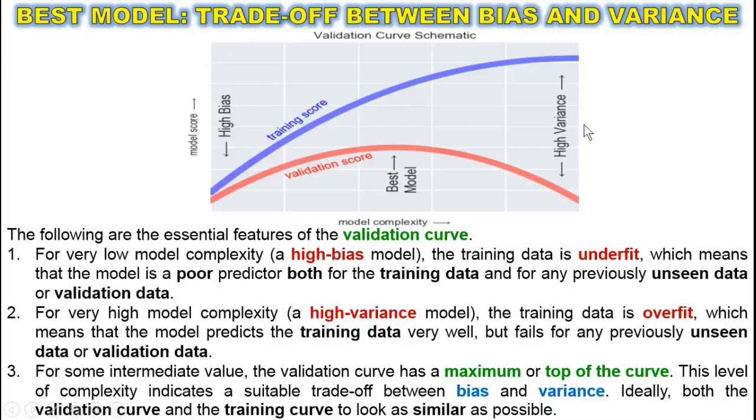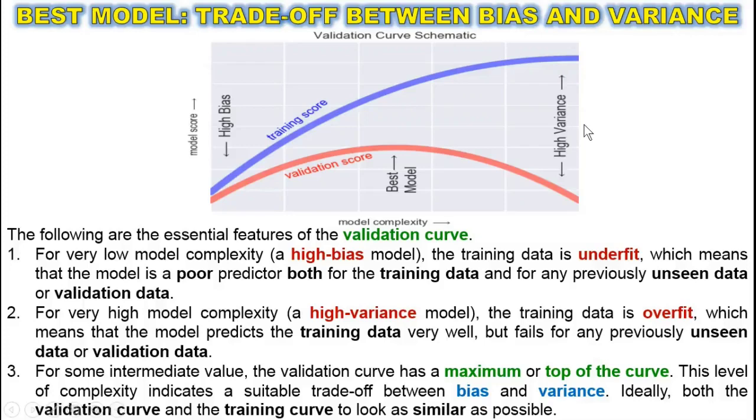Number two, for very high model complexity or a high variance model, the training data is overfit, which means that the model predicts the training data very well but fails for any previously unseen data or the validation data.